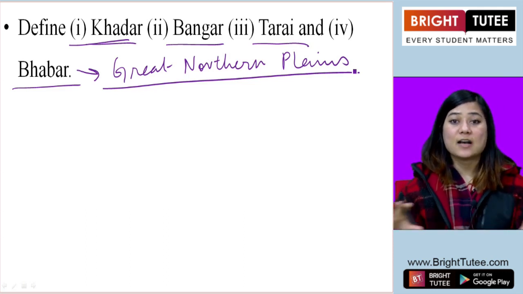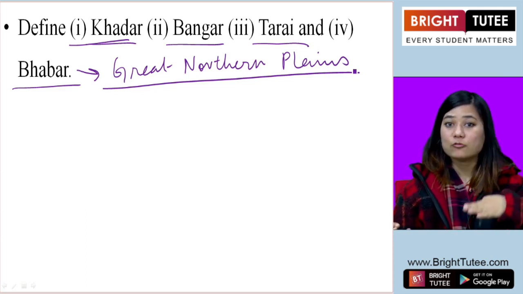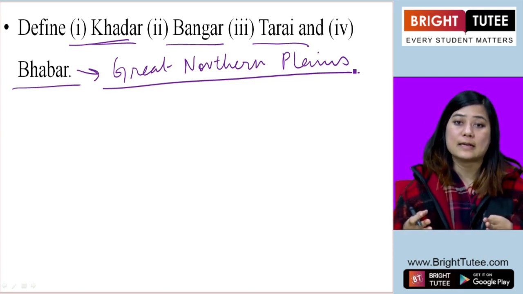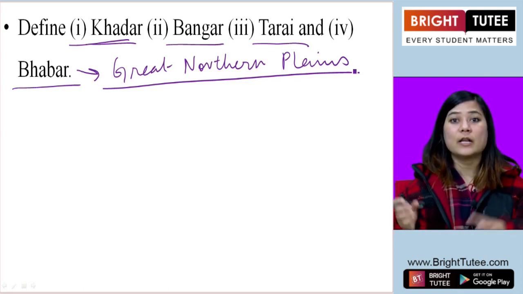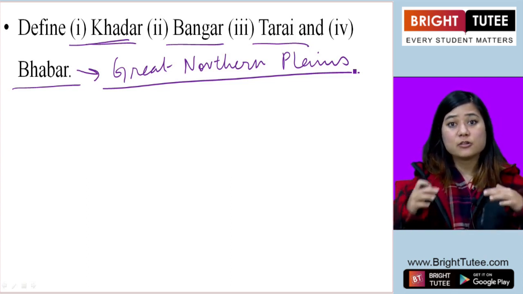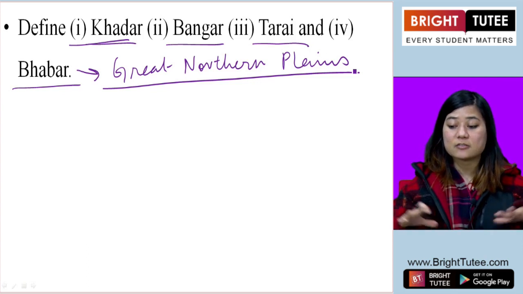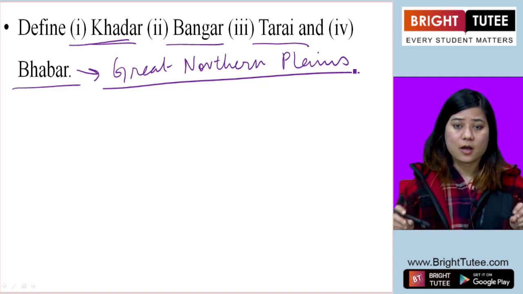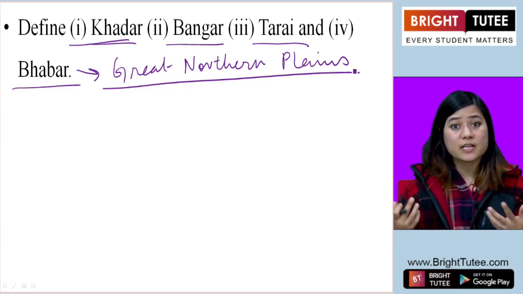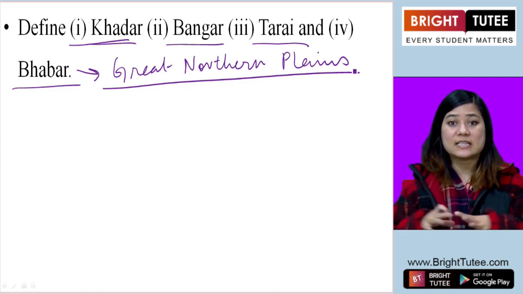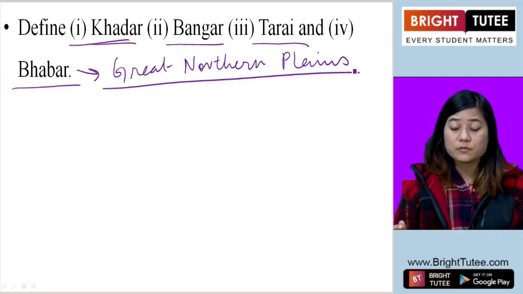This plain is a vast area which lies to the south of the Great Himalayas. The rivers that flow through the Himalayas bring fertile soil and clay and deposit it at the base of the mountain. As a result, the Great Northern Plain is a very fertile area where cultivation is very rich, and the soil is called alluvial soil.